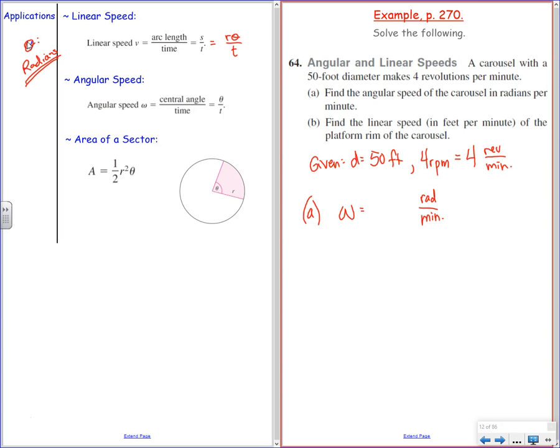So kiddos, what if we were to take the 4 revolutions per minute? Do I need to get rid of the minutes? He's fine. But what do I need to get rid of? I need to get rid of revolutions. I need to do something with revolutions down here.